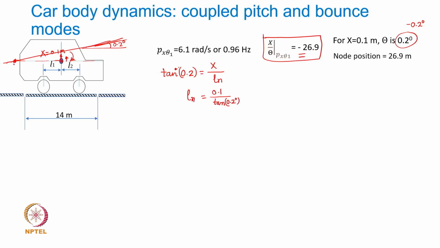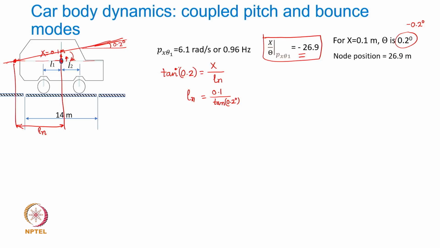Now that ln is this position, and you remember we discussed when we were discussing the mode shape that there will be positions where there will be no displacement. The car body will have zero displacement at that point.